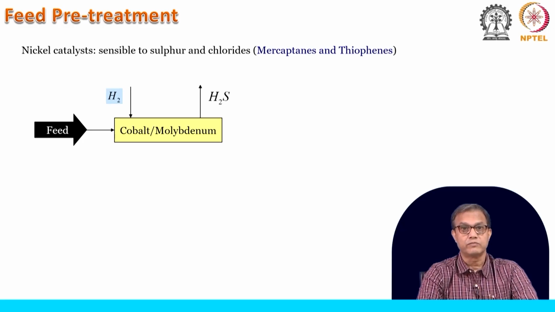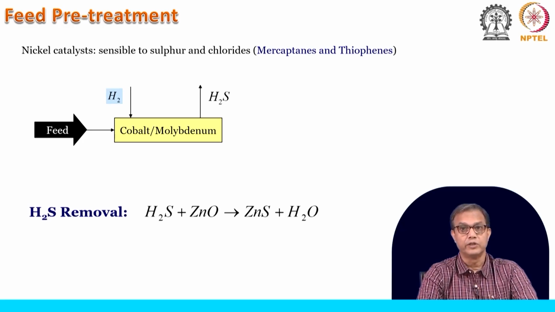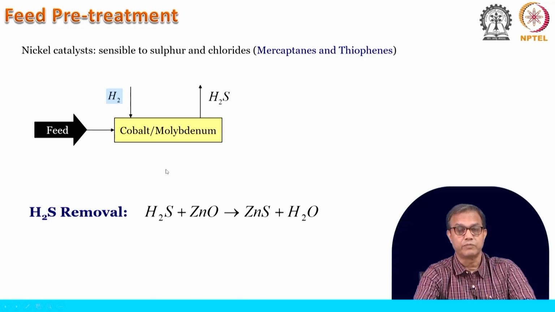Finally, this H2S will be removed with the help of zinc oxide, ZnO, and that will finally produce zinc sulfide and H2O. This is how we remove the sulfur contents from the feed, which is called the feed pretreatment, particularly necessary for steam reforming.